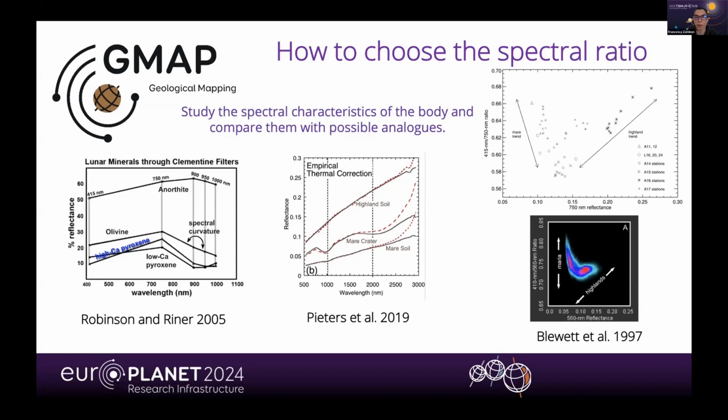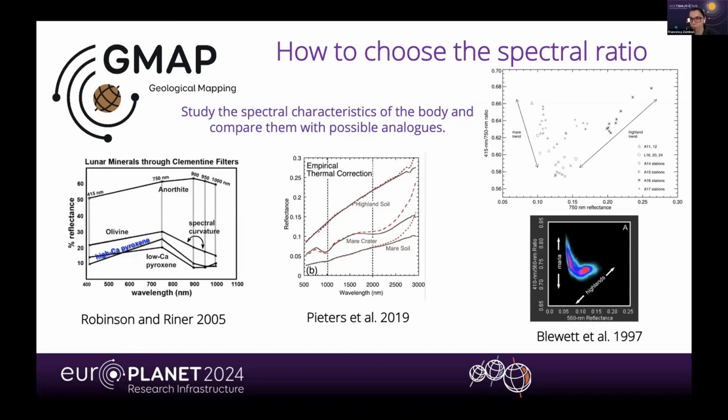Another useful way to see the characteristics of different regions is to use scatter plots. In this case, you see the ratio between 415 nanometers and 750 nanometers versus the reflectance for some of the Apollo landing site regions.